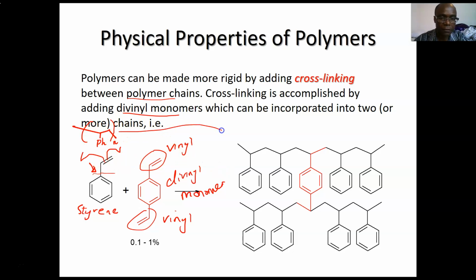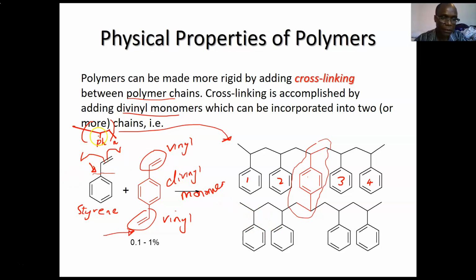So notice that this structure is this structure, only that here we've shown how many monomers? We've shown 4 monomers. This part right here is this divinyl monomer. So it tends to link one polymer with another one.